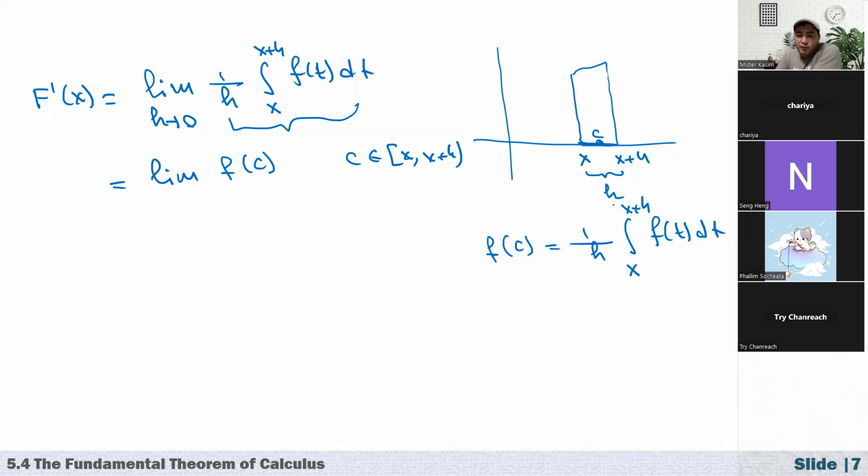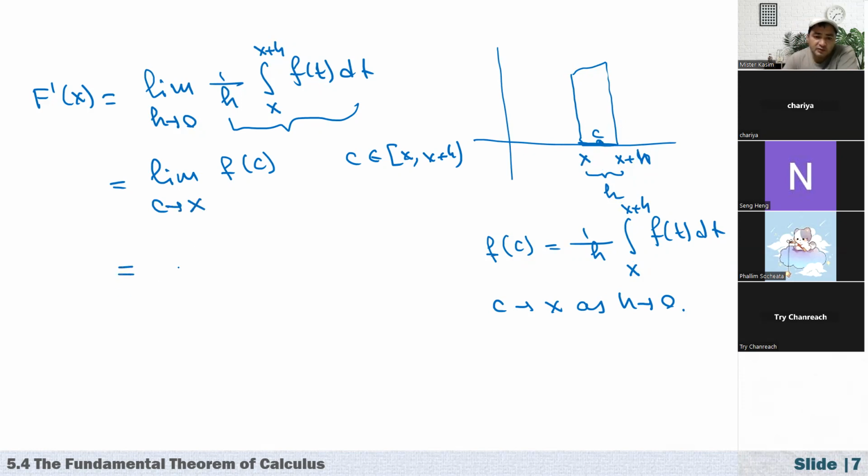Now, what happens when h gets smaller and goes to 0? Also c approaches x as h approaches 0, because if this interval gets shorter and shorter, we are pushing c back towards x. So instead of this, I can replace it with c approaching x.